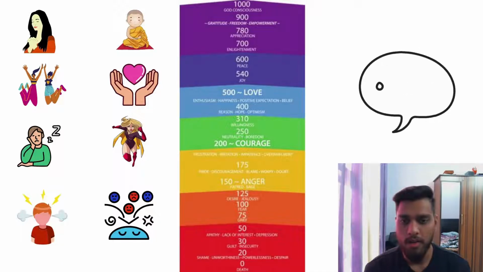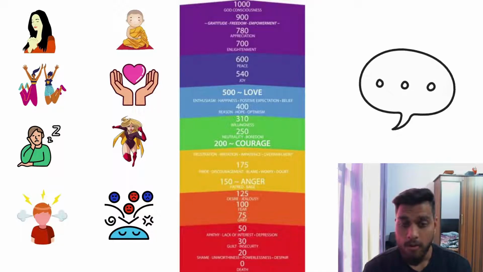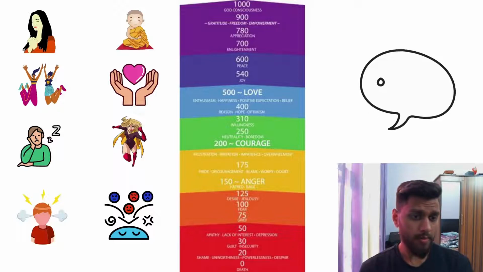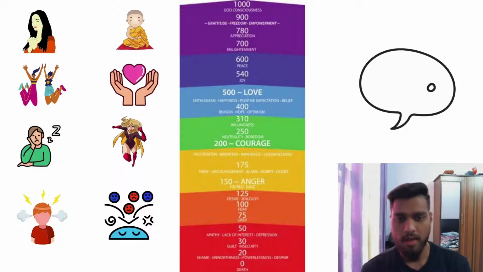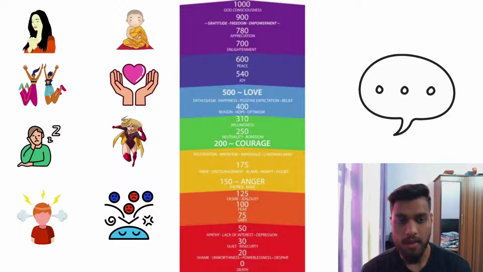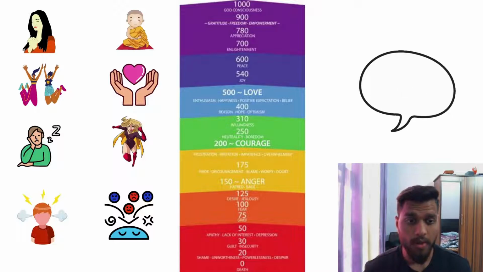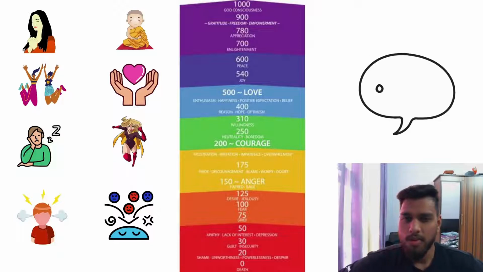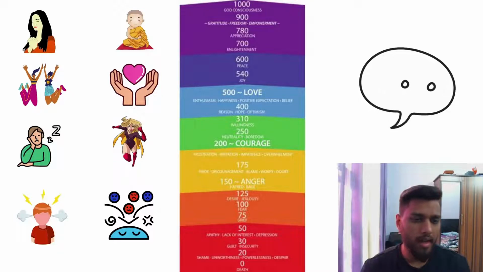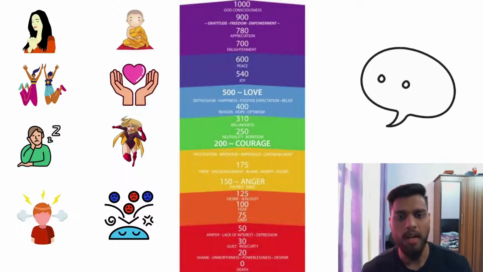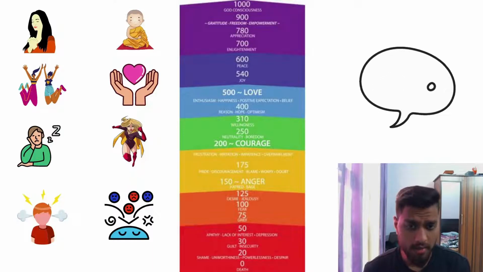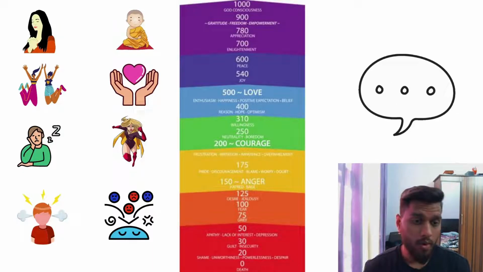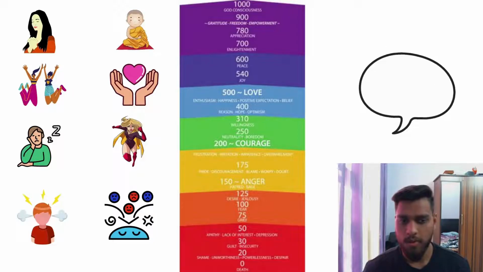Too much pride, because sometimes it becomes egoistic pride. We think I'm a very good person, I'm a very spiritual person, and we just deny everything else and go into denial mode. That's why pride is not very good. It should be limited.